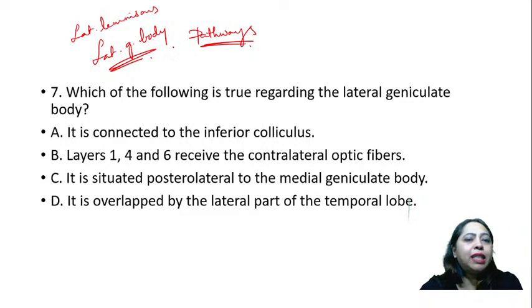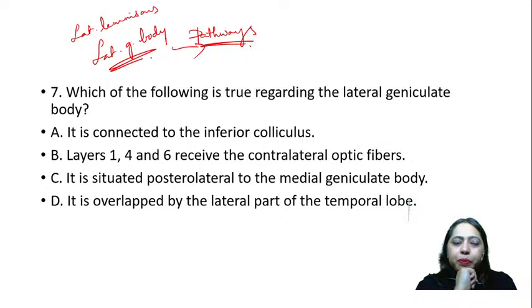Which pathway am I talking about? Anybody who knows? One option: it is connected to the inferior colliculus. That's the first option. Layers 1, 4, 6 receive the contralateral optic fibers.